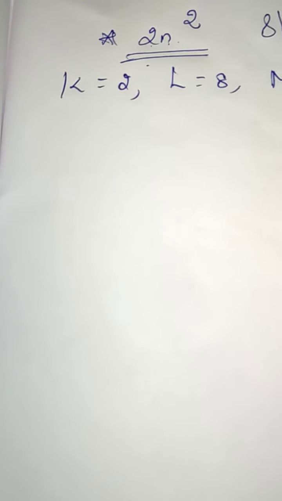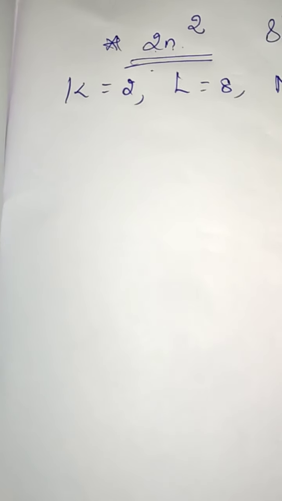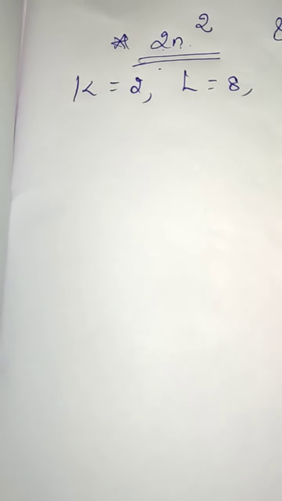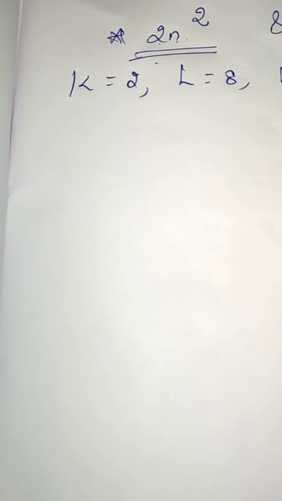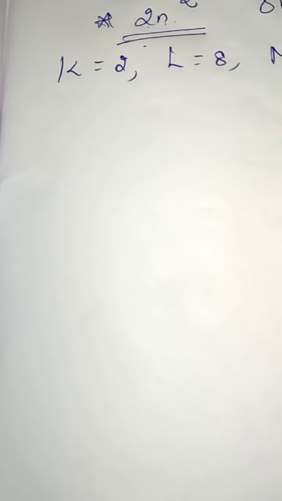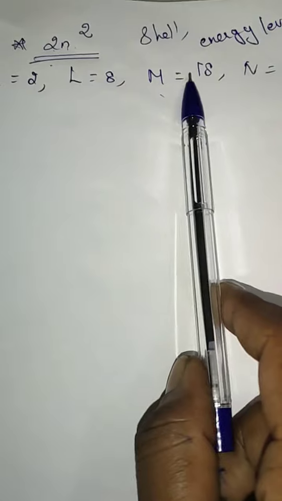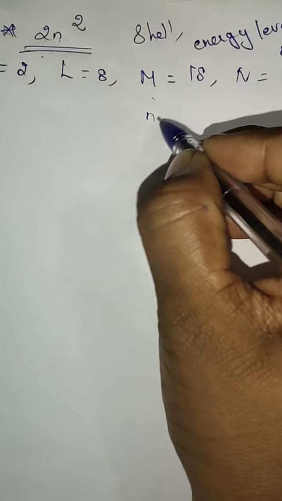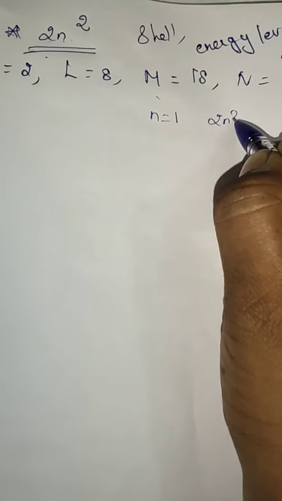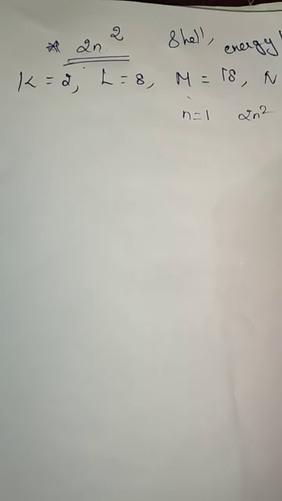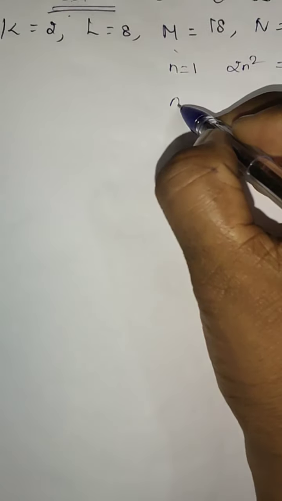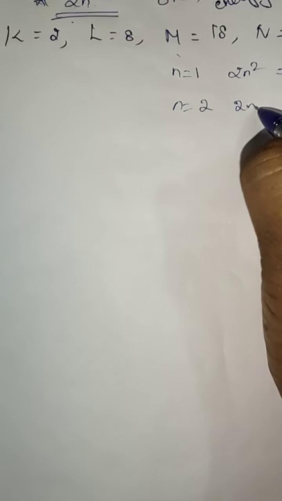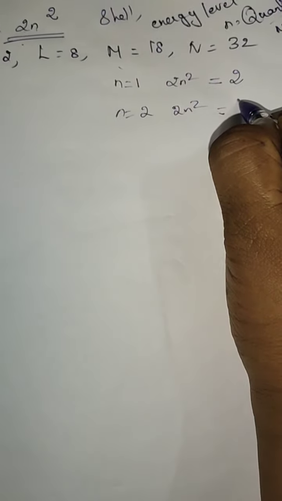How many electrons can each orbit hold? It is given by the formula 2n square. Do you remember the shells K, L, M, N? For the first energy level, n equals 1, so 2n square gives 2. For n equals 2, we get 8.